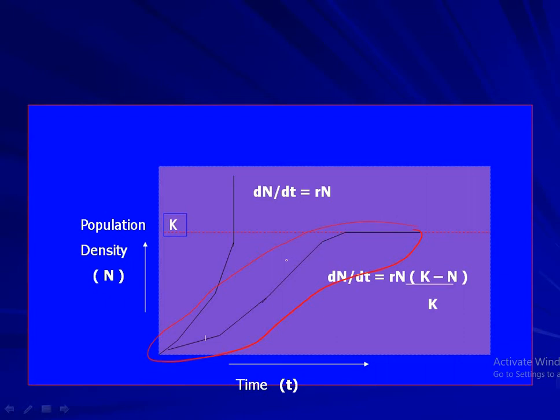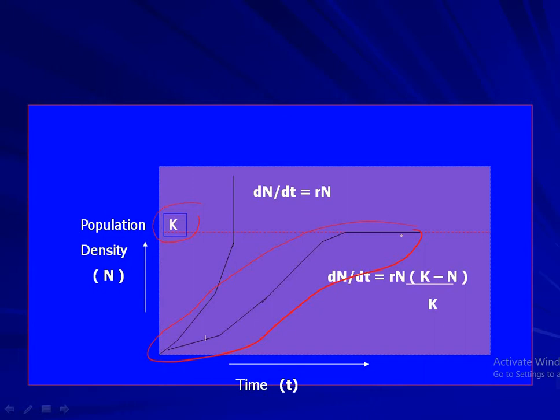But it reaches a stage beyond which the population doesn't increase. Here you can see, when it reaches this stage, the population doesn't increase further. And this phase is termed the carrying capacity. That means the population cannot increase any further.